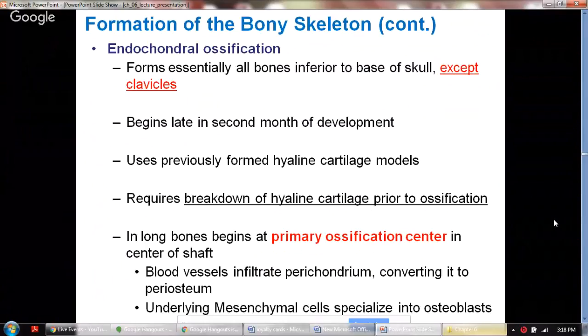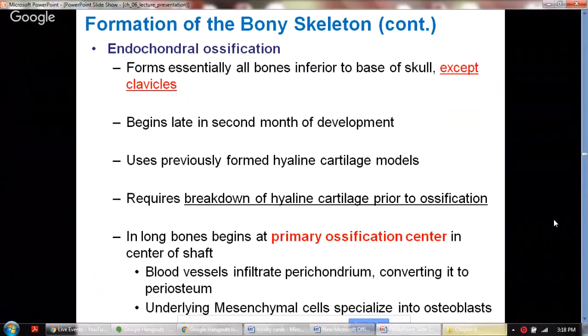In long bones, particularly, it begins at the primary ossification center, which you find in the shaft of those long bones. First, the blood vessels infiltrate the perichondrium, the outer surface of the cartilage, and it converts into the periosteum. So the hyaline cartilage is covered by the perichondrium.